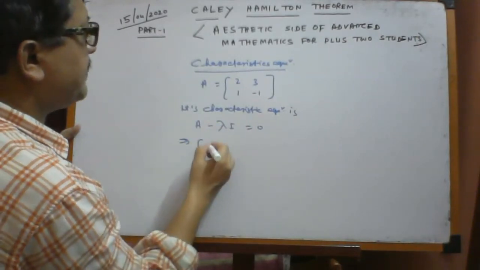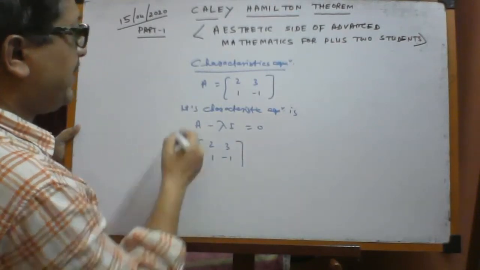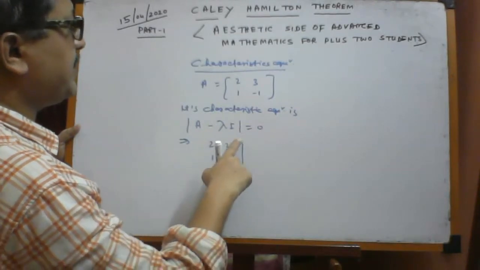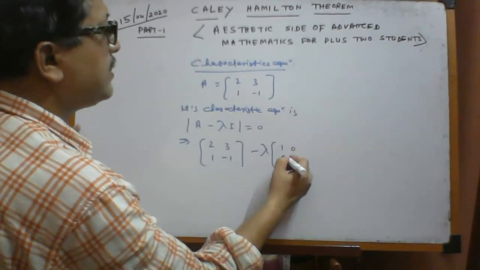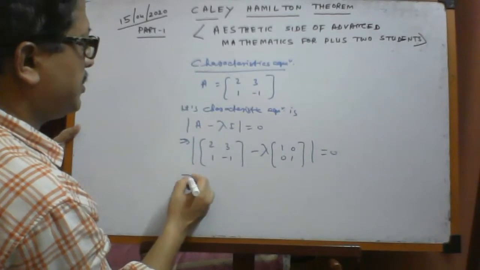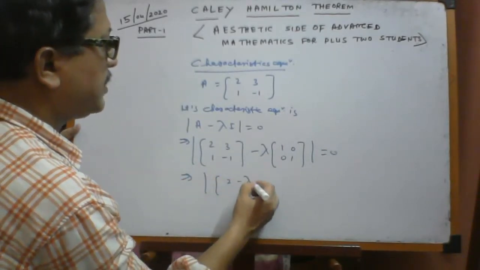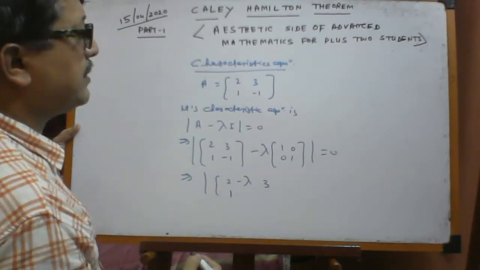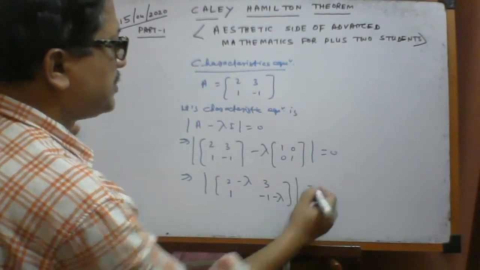A is this matrix [2, 3; 1, minus 1], and we take its determinant. So the determinant of this matrix you can write in this manner, equal to 0. This will give you the determinant of [2 minus lambda, 3; 1, minus 1 minus lambda] equal to 0.